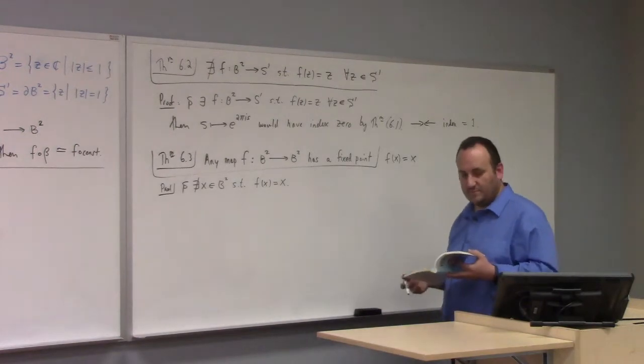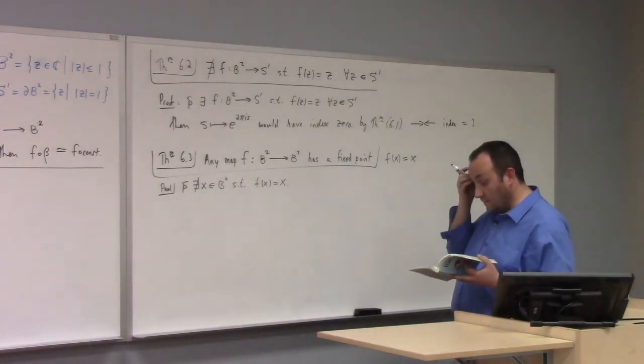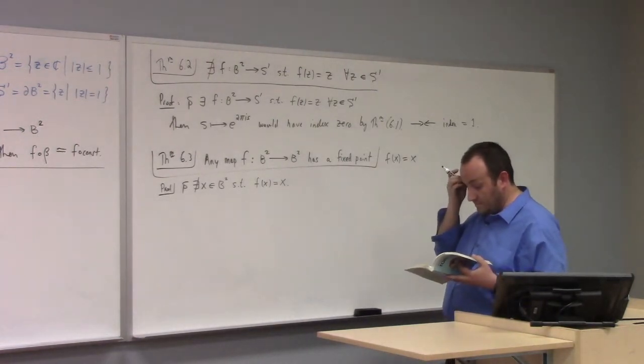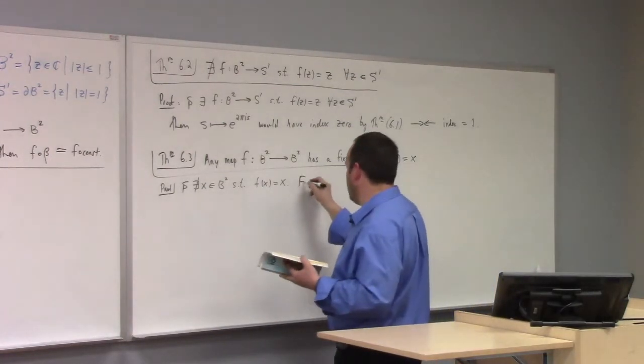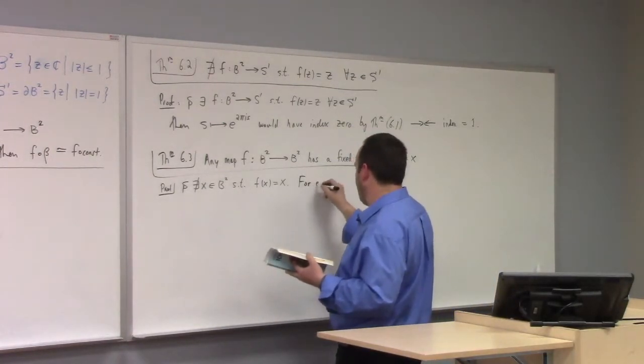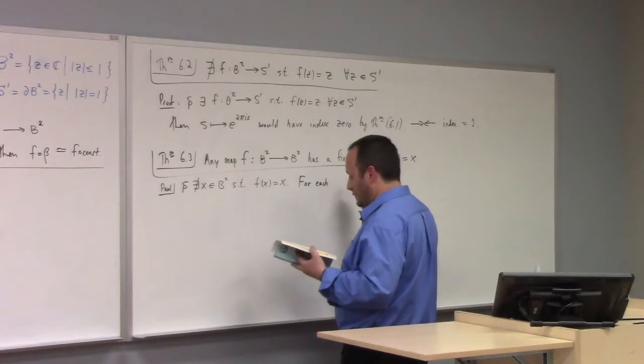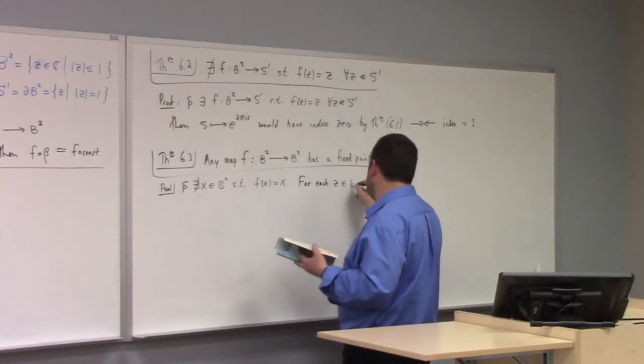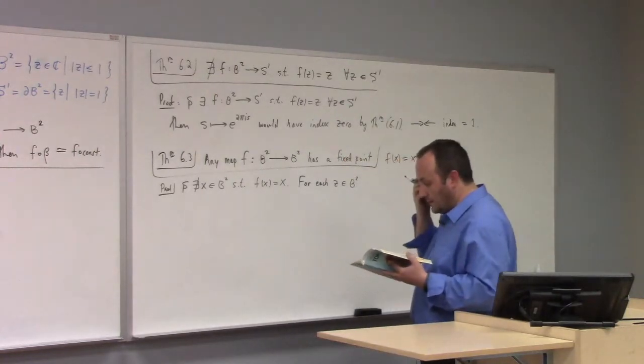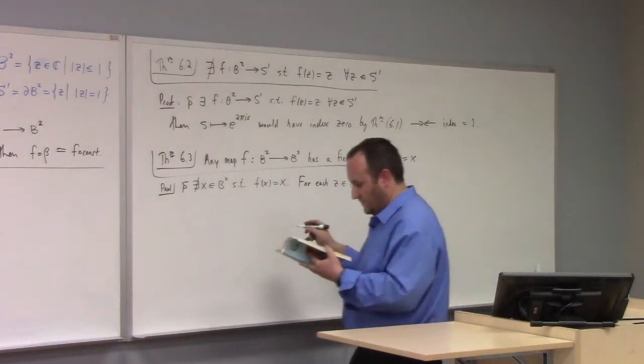Suppose it has no fixed point. Then what? He says for each z in B2, and here's a picture.